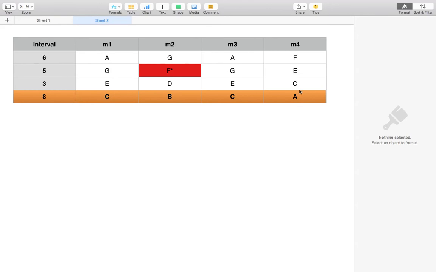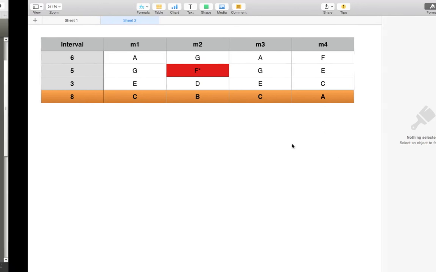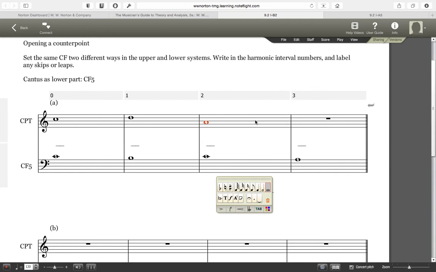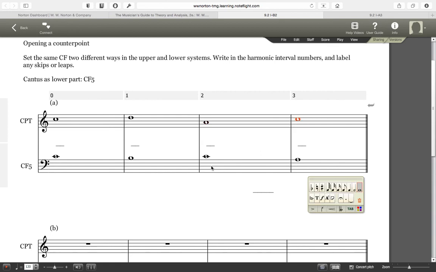My options are C, E, and F. I think I might just go up, back to the C. That way I'm preserving the contrary motion theme, and a skip in both voices is not a terrible thing, especially if it's opposite directions. You just don't want to skip into a perfect interval. Like if this was an octave or a fifth, I wouldn't want to do that kind of motion, because it would take away from the independence of line.